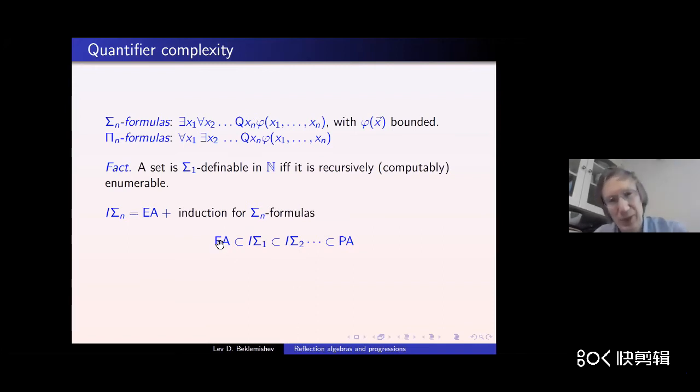All such systems are known to form a strictly increasing chain. The union of this chain will be Peano arithmetic itself, because as I said, every formula is logically equivalent to a sigma n formula, so full induction is equivalent to sigma n induction for each n. So that's the background in arithmetic I wanted to start with.